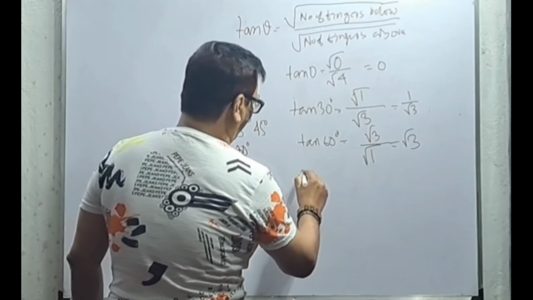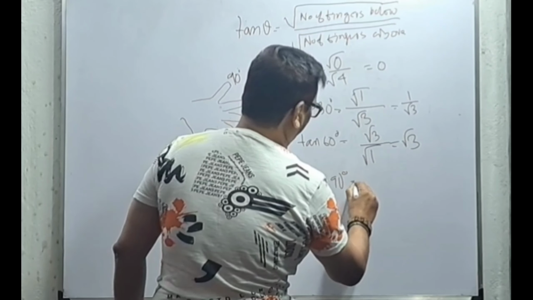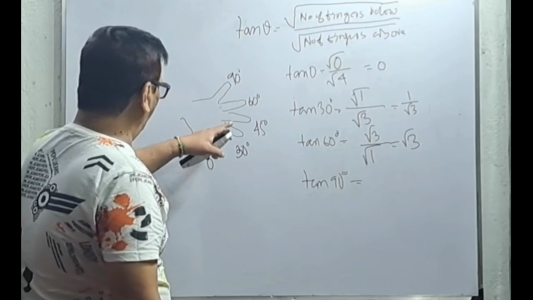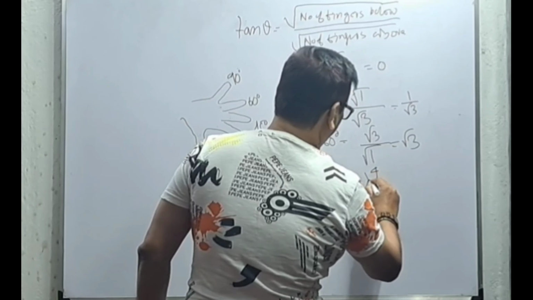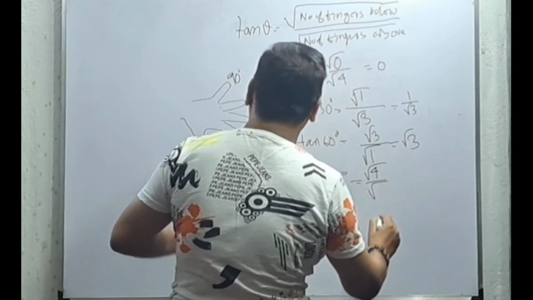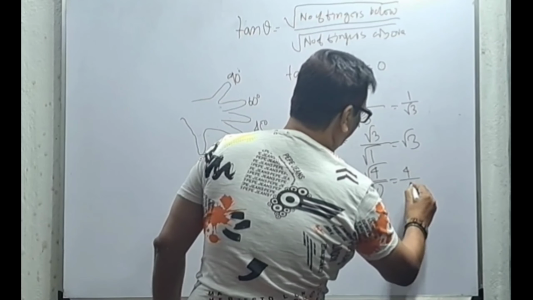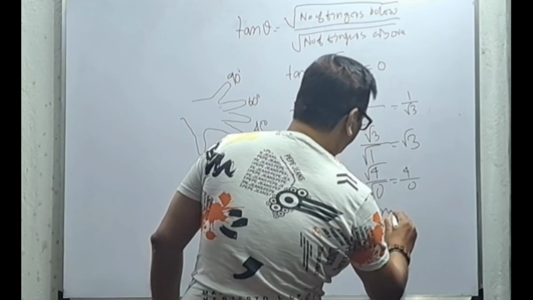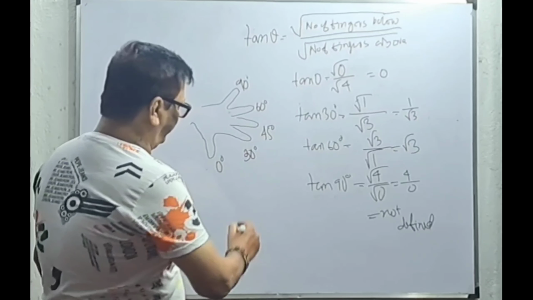Tan 90: the number of fingers below 1, 2, 3, 4. The number of fingers above is 0. So 4 by 0, not defined. We missed the value of tan 45 degree.